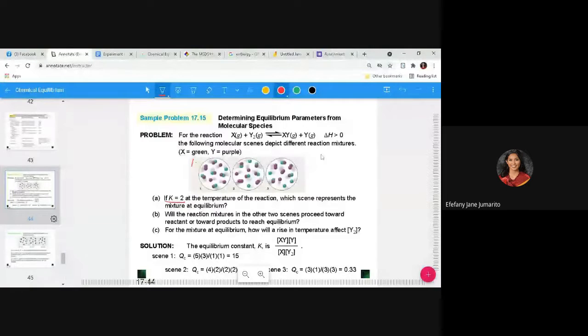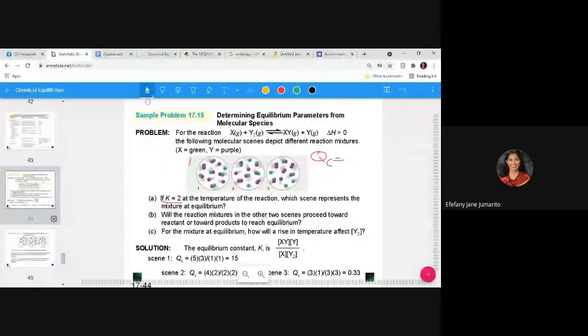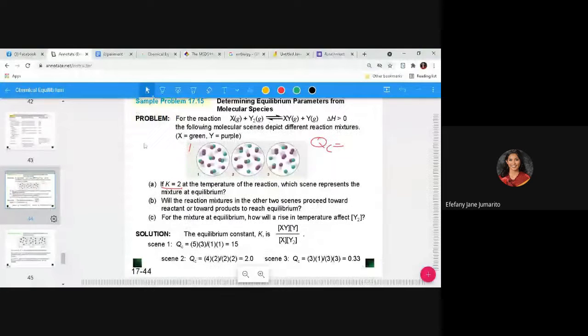What is QC here? In picture 1, QC involves XY. How many XY? When we say XY, X and Y are attached: X is the green one and Y is the purple one. How many XY do we have here? Five.